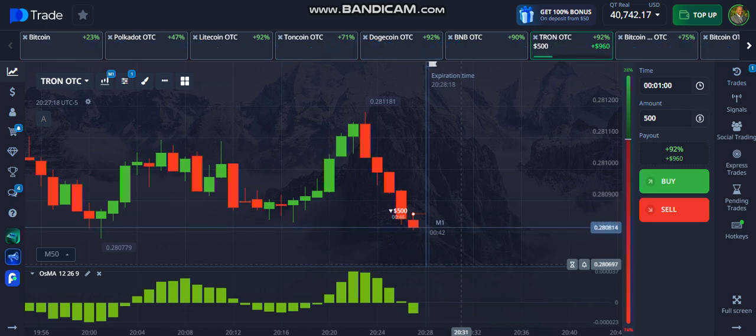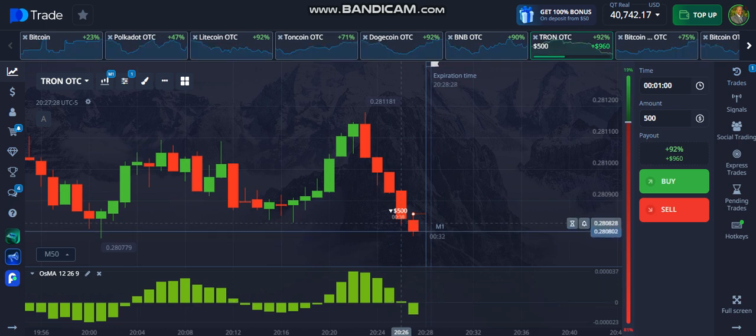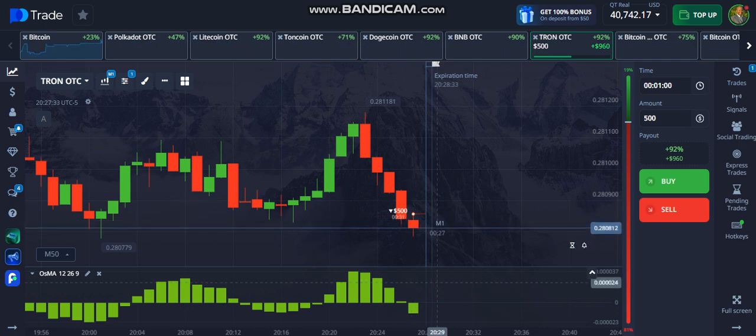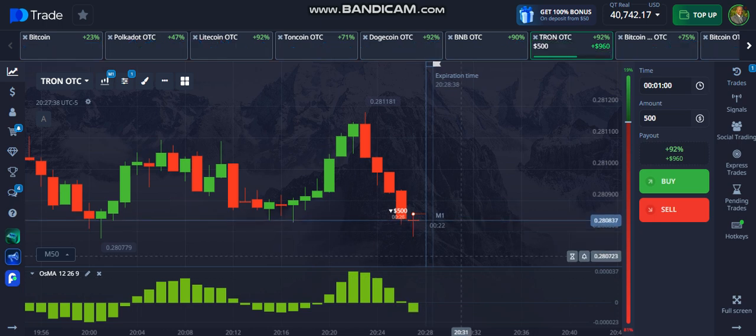60-second trade. The idea is get that histogram line close to the zero line before you take the trade, and you want to make sure that the candle closes in the same direction, with the same color, in the direction of the trend here, which is a bearish trend.